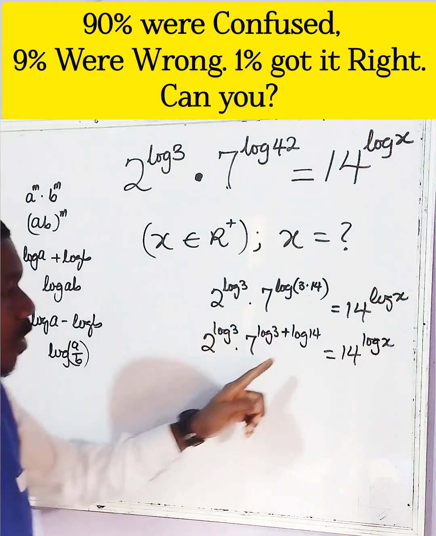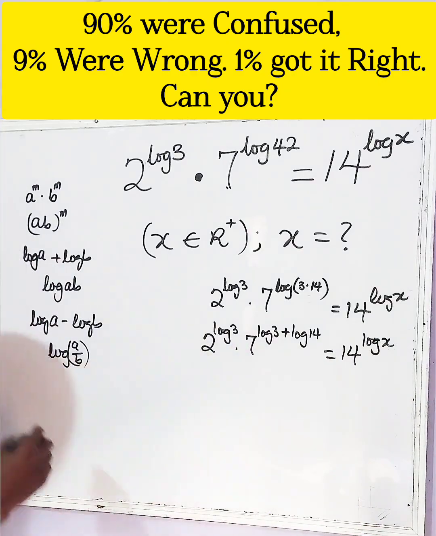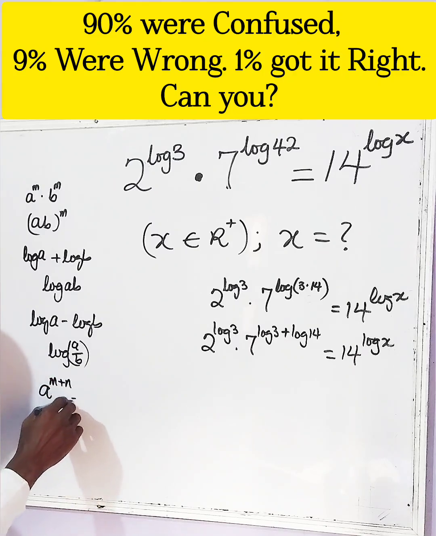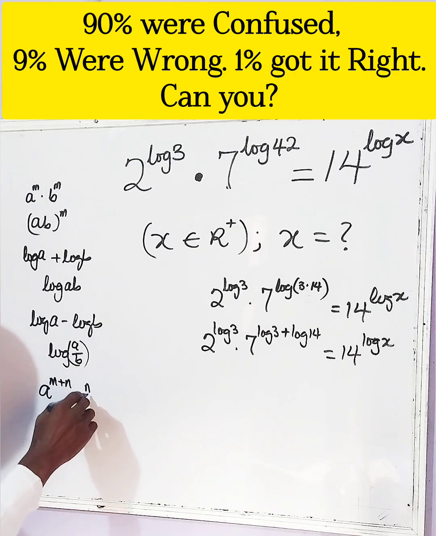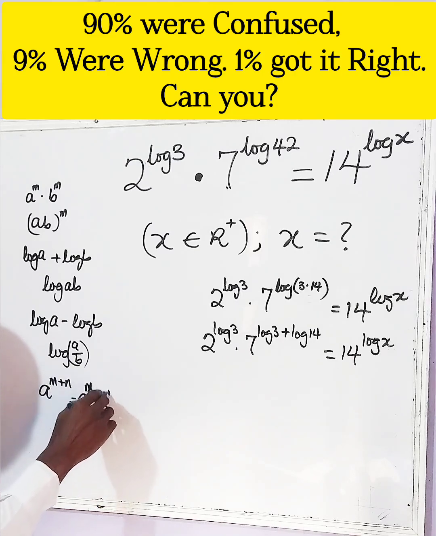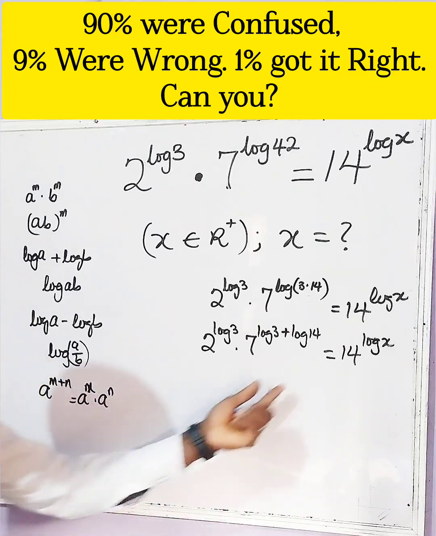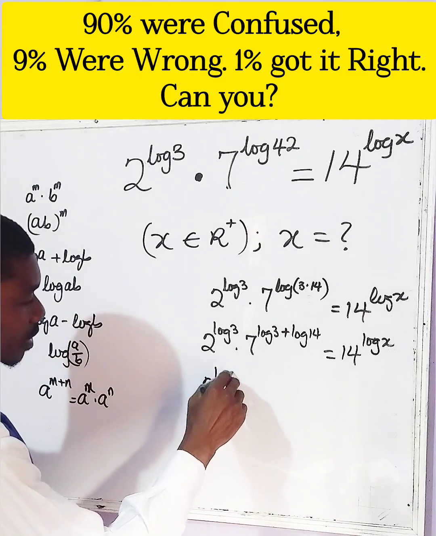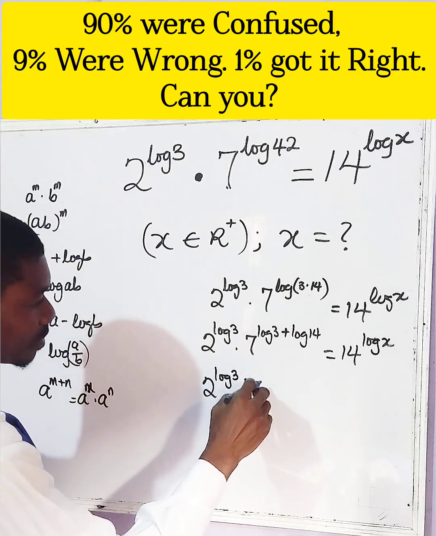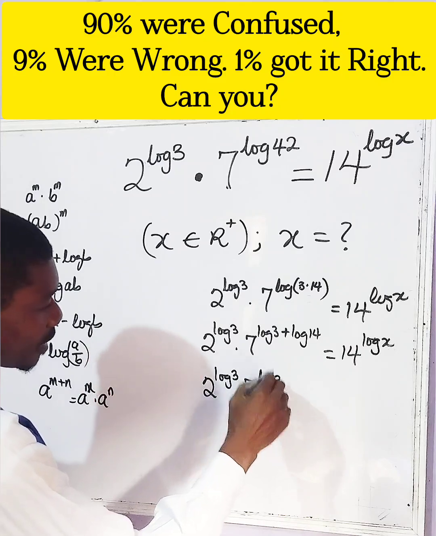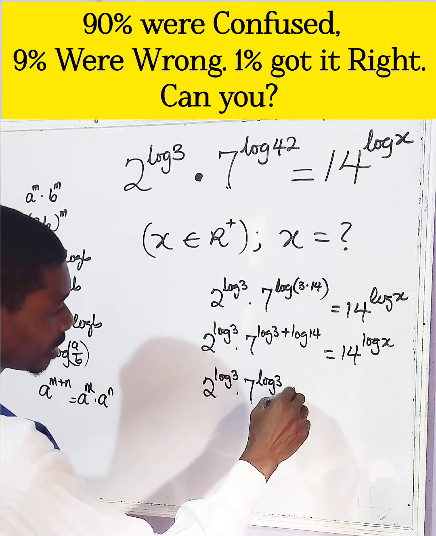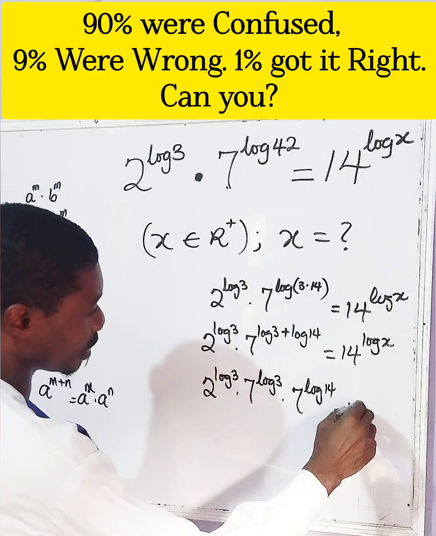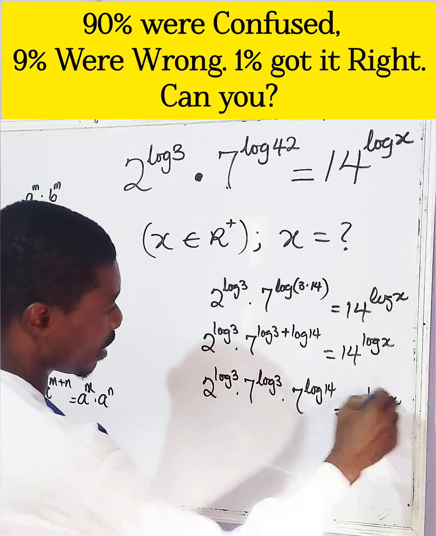According to the law of indices or exponent, if you have a raised to m plus n, this gives us a raised to m times a raised to what? N. Now applying this rule here, we end up having 2 raised to log 3 times 7 raised to log 3, then times 7 log 14, then equals 14 raised to log x.